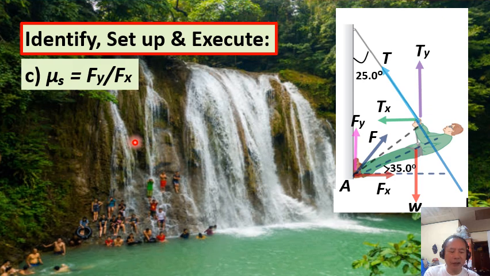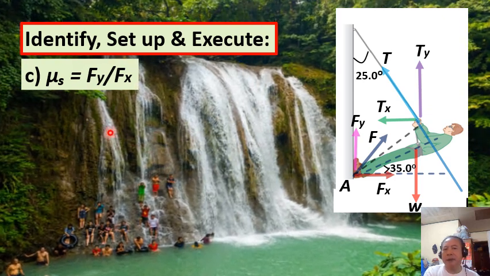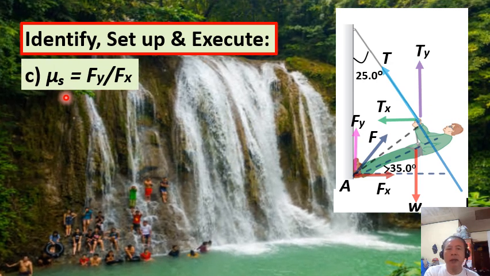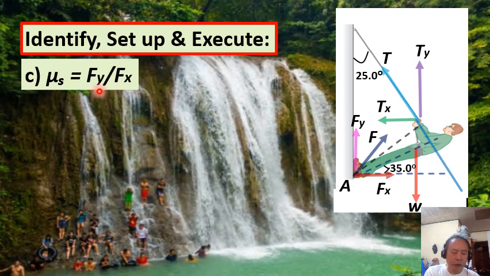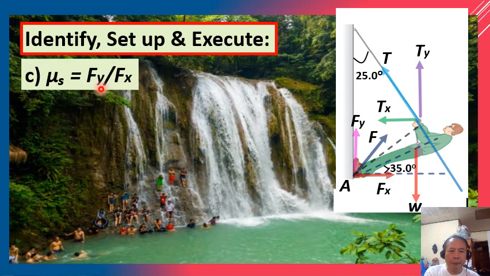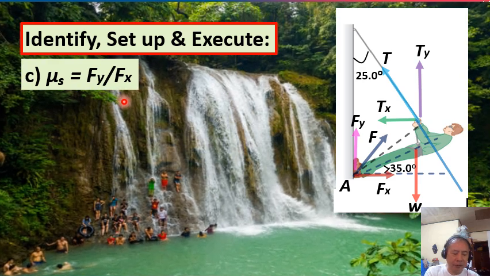Finally, in part C, we are to find the coefficient of static friction mu of S, which is just the amount of the force Fy divided by the force Fx.